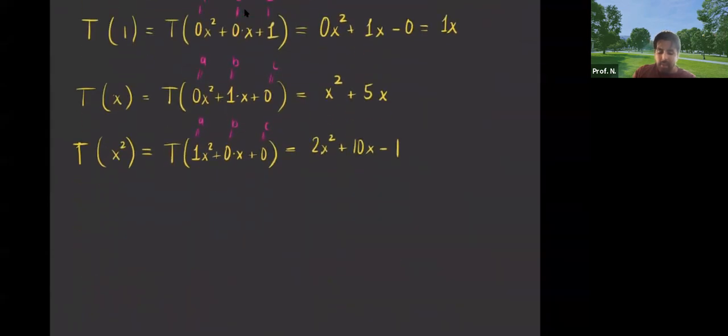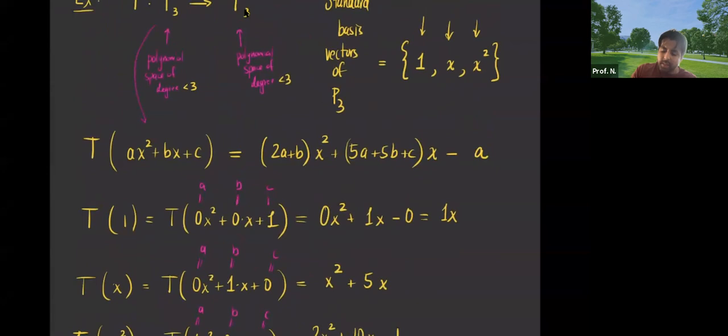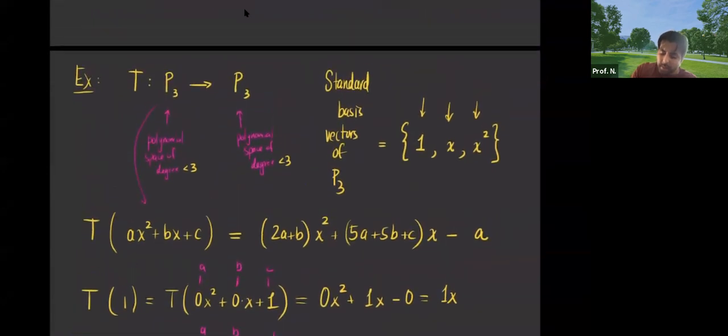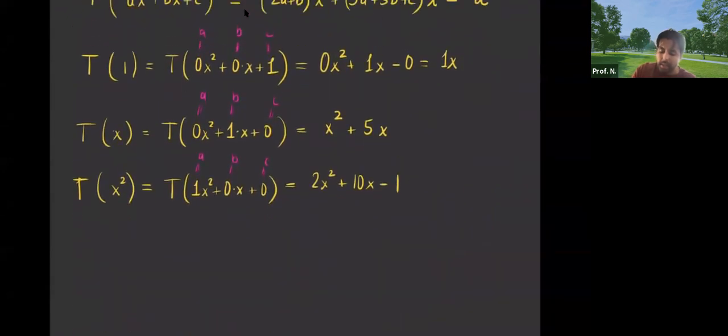Now, I don't know if you see this yet, but you can treat this like E1. You can treat this like E2. You could treat this like E3. You can treat this like a vector here. What would this vector look like? This would look like 0, 1, 0. What would this vector look like? This would look like 0, 5, 1.